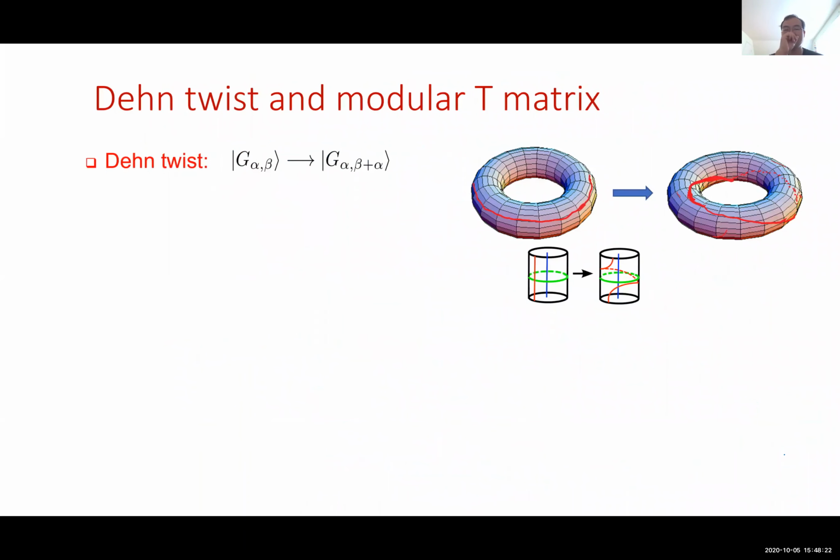So this actually is related to something called Dehn twist. A Dehn twist is something quite easy to understand. If you imagine you cut this, and then you twist this by one cycle, 360 degrees. So you cut in half and then twist.